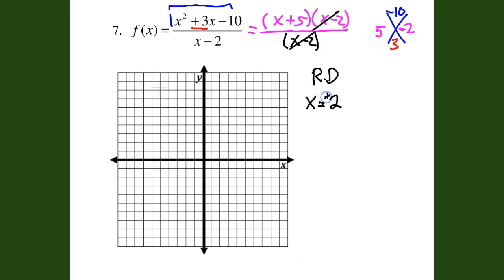There we go. Well, we're left with the graph x plus 5. There we go. Which is the same as 1 over 1. So I'm going to start at 5 and go up 1 over 1. 1, 2, 3, 4, 5, then up 1 over 1.